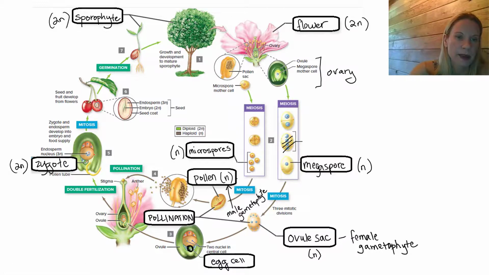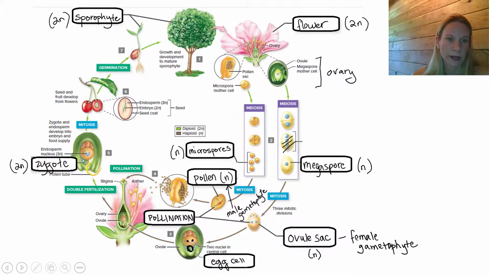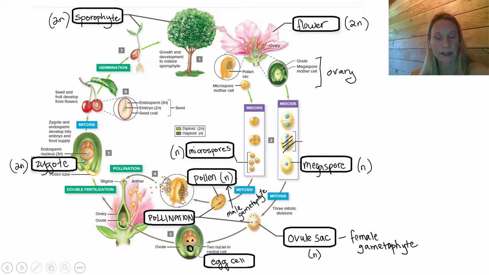Remember, there were originally two nuclei in the central cell, and when the sperm deposits the third nucleus, we now have a triploid cell. So that is referred to as triploid, and that is unique to the angiosperms. In the gymnosperms, the endosperm is haploid. In the angiosperms, the endosperm is triploid.